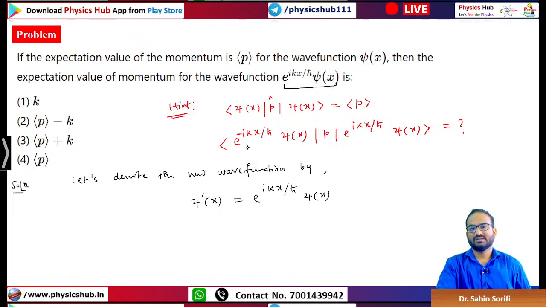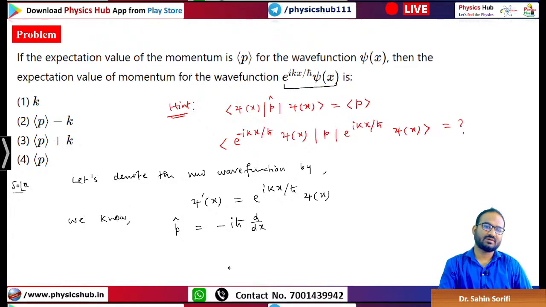So it is like calculating ⟨psi prime|p|psi prime⟩. You know the momentum operator p. Momentum operator p is minus i h cut d/dx. This is in one dimension. So p is equal to minus i h cut d/dx. So the expectation value of momentum for this wave function psi prime.